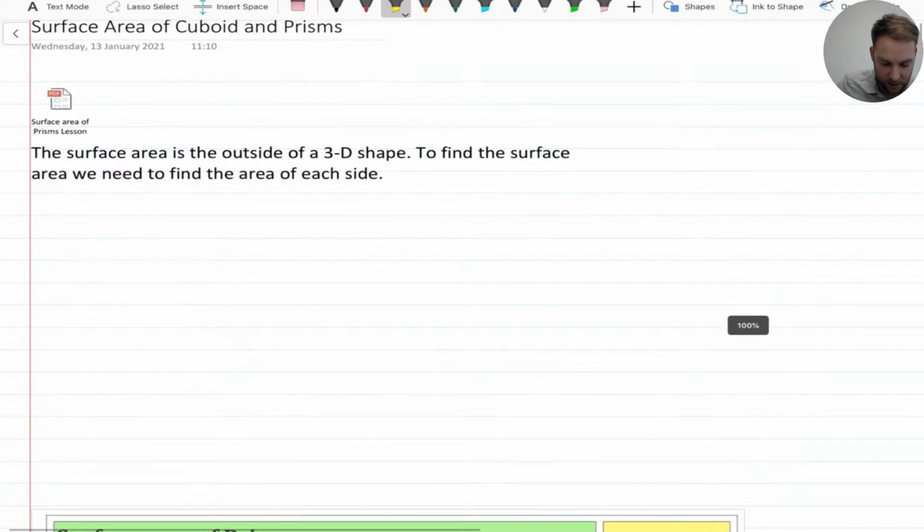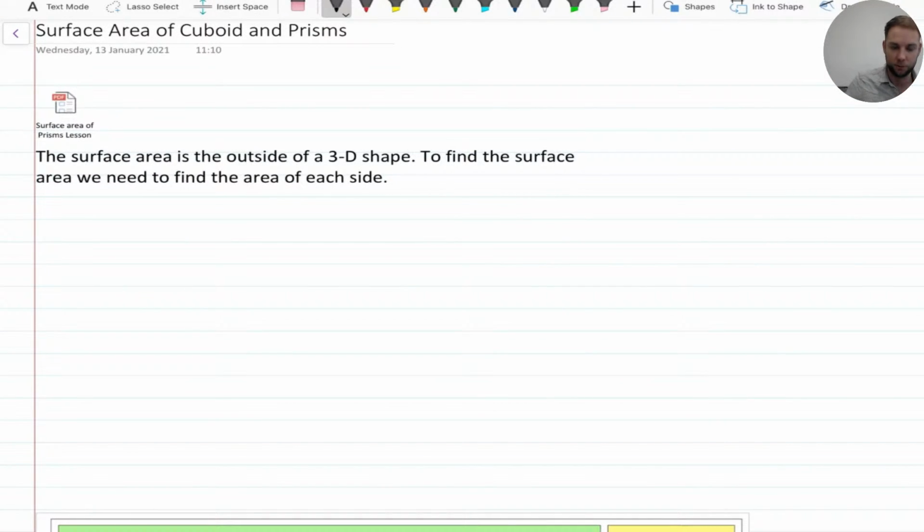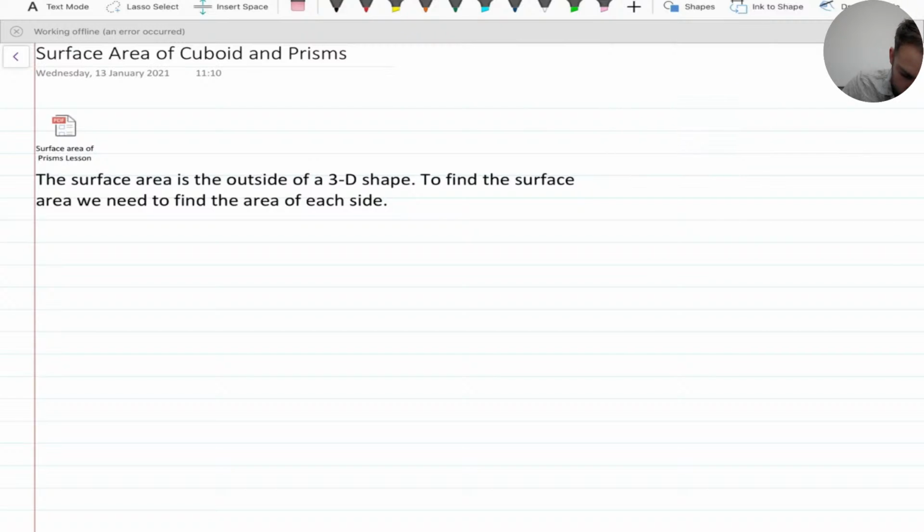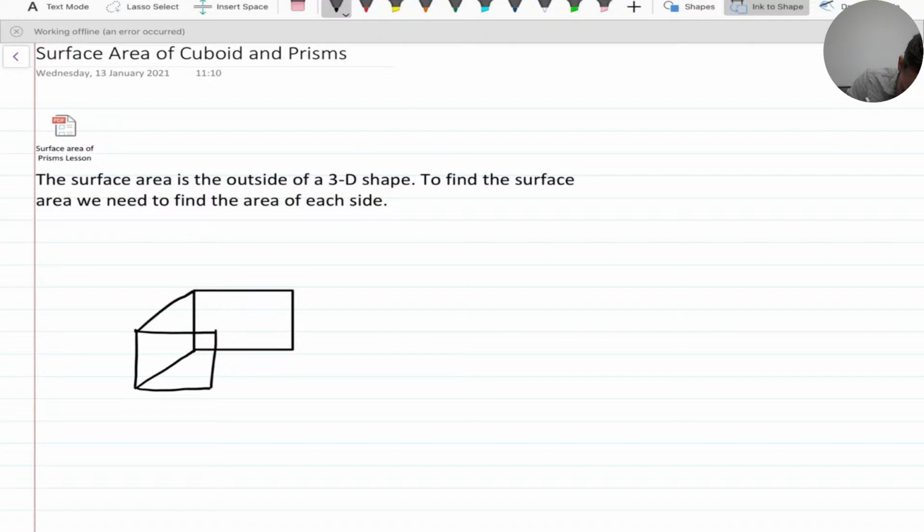Let's draw a little square there, up and right, and a square again, and then we're going to connect all these up.